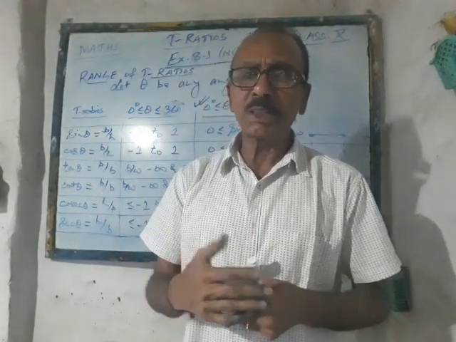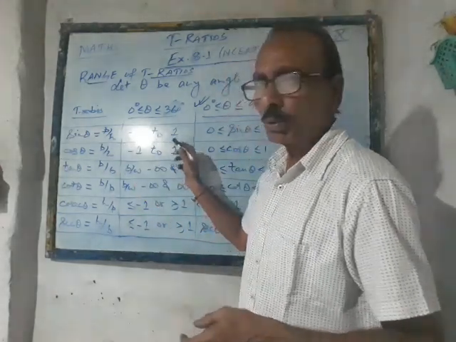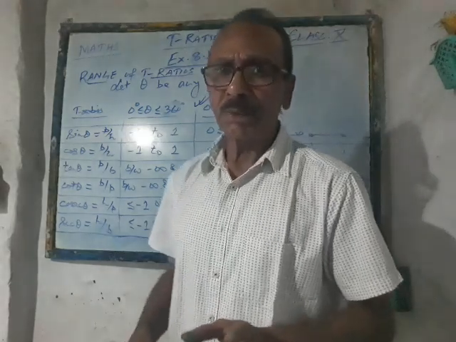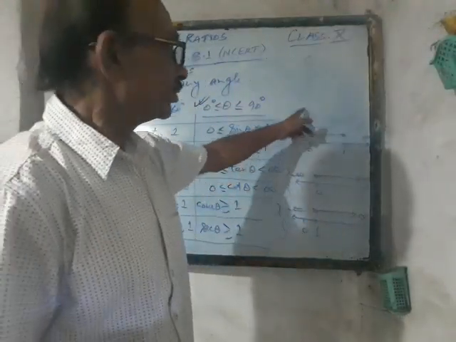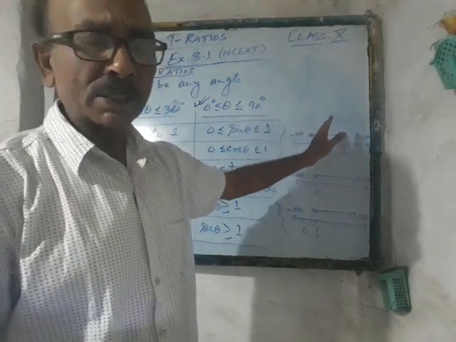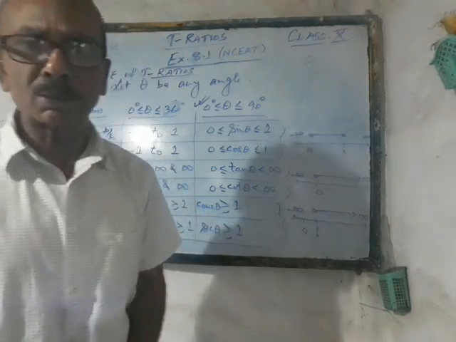And then we say that in the limiting case, sine and cos could have value 1, otherwise they can't have exact value 1 so far as trigonometric ratios considering a right angle triangle are concerned. Okay, so these are the ranges of sine and cosine.